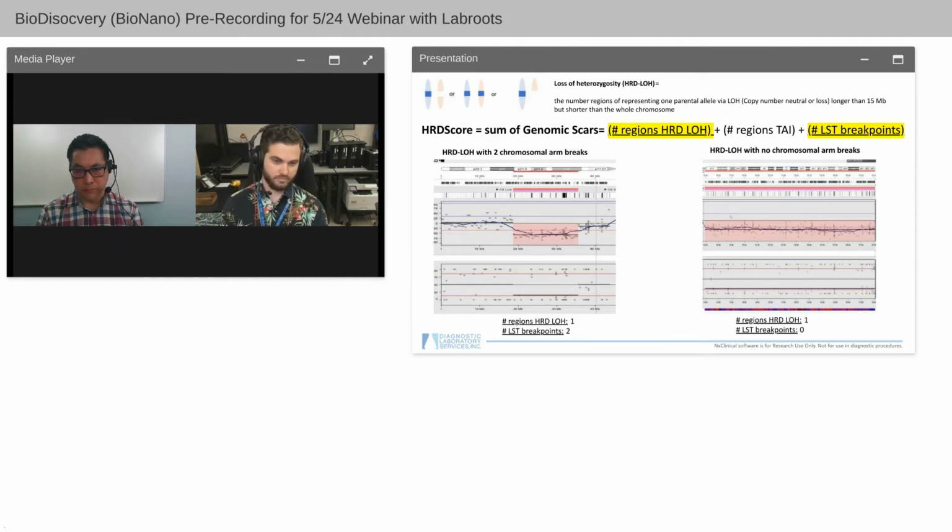So you can add 1 and 2 is 3, and that is what that simple event is adding to the overall assessment of each genome. We go scar by scar, and in the end, we have the total score represented.